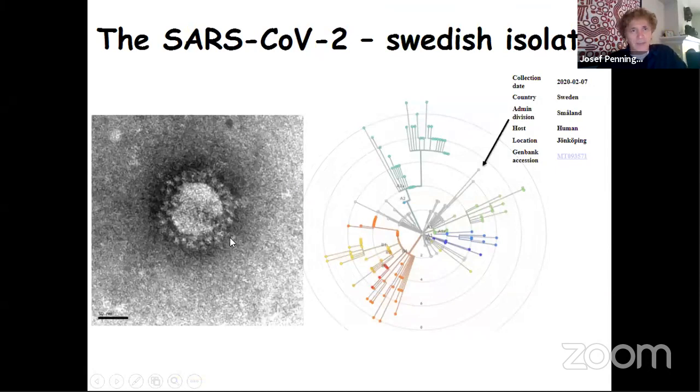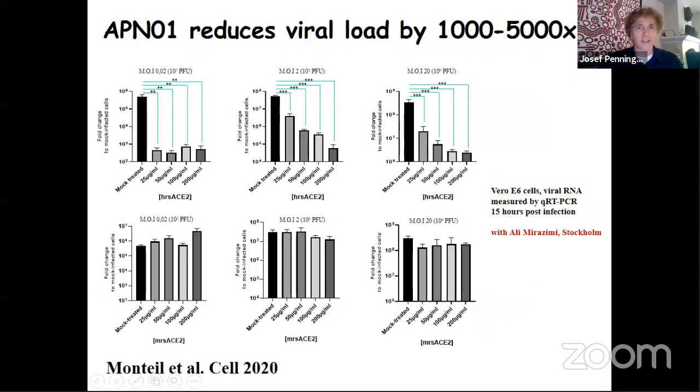So we hooked up with Ali Mirazimi in Stockholm at Karolinska. This is the virus he identified, I think, in the first Swedish patient with COVID-19. So this is actually the virus we use. And Ali's group in Stockholm infected Vero E6 cells with the virus. And then we asked the question whether human recombinant protein, very similar to what Stefan presented with other molecules, would actually block infection.